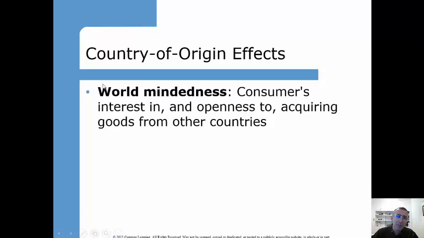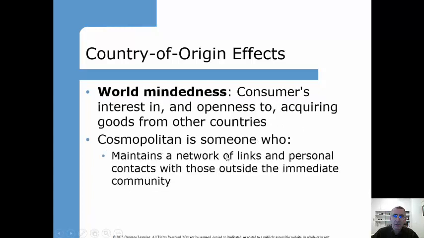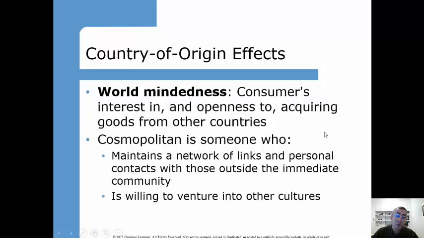All right. World-mindedness is basically the opposite of what we have just described. Consumers' interest in and openness to acquiring goods from other countries, right? The cosmopolitan is someone who maintains a network of links and personal contacts with those outside the immediate community. It's someone who is willing to venture into other cultures. I thought I'd have a little bit of fun with this. Hopefully this one works.